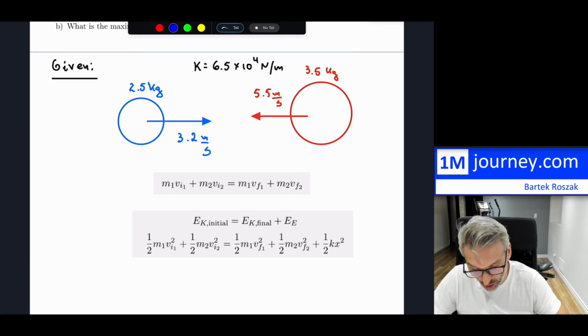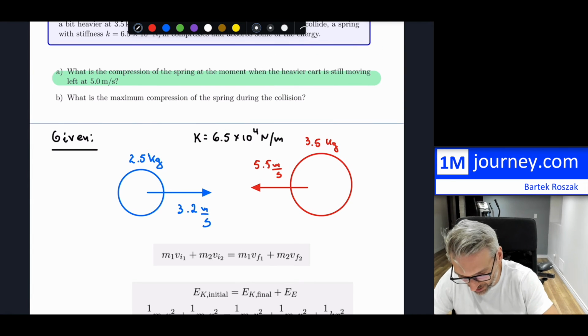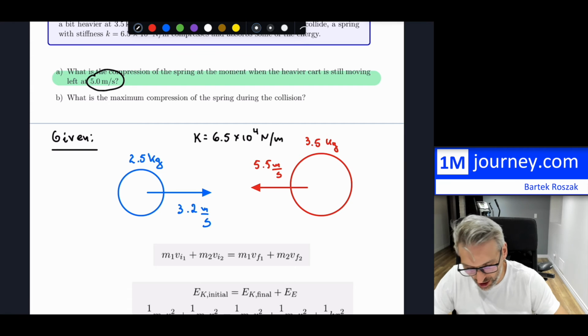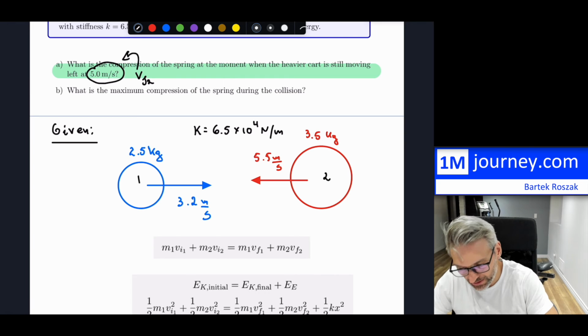And we also know this, which would have been our final. So this is going to be v, final number 2. I'm going to call this one number 2, and let's call this one number 1. That is the actual speed that we have.